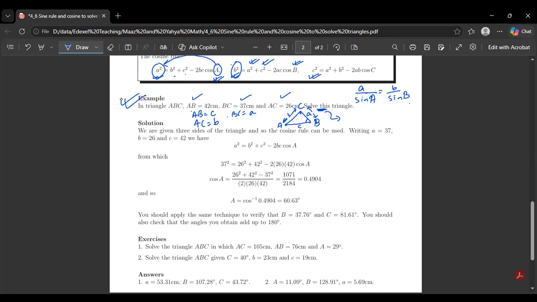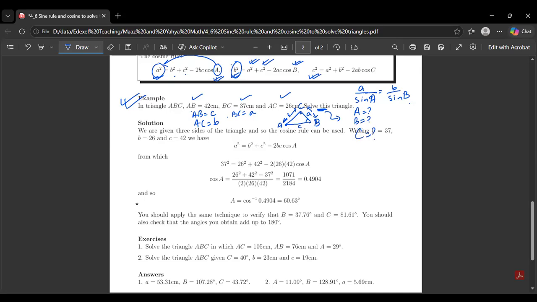The three sides are given, but the three angles are not given in the question. So solving the triangle indicates that we have to work for the three unknown angles: angle A, angle B, and angle C, right?